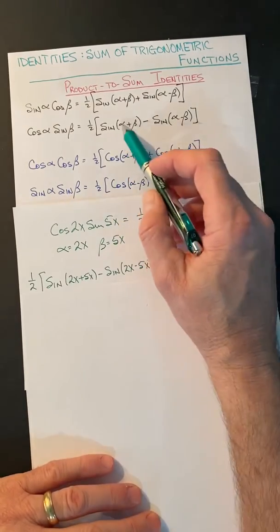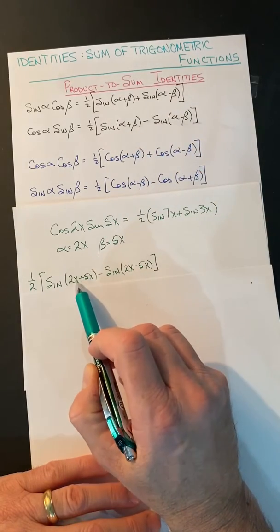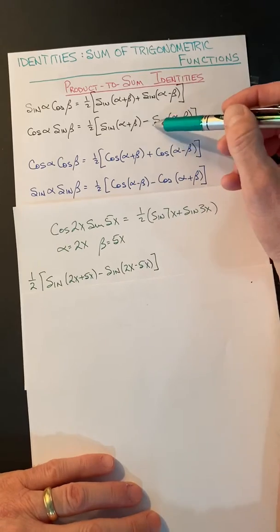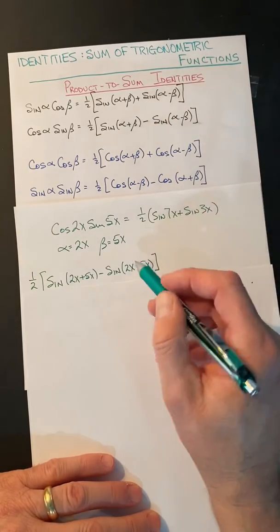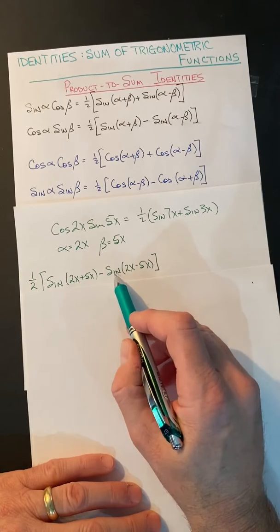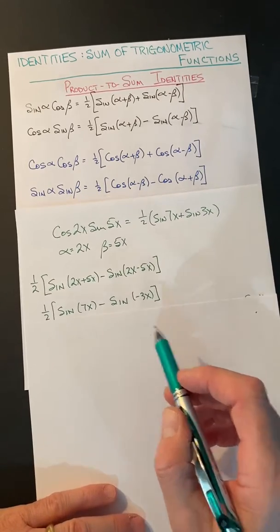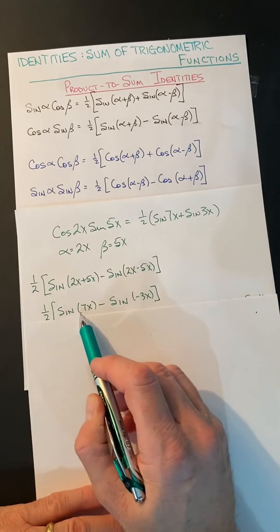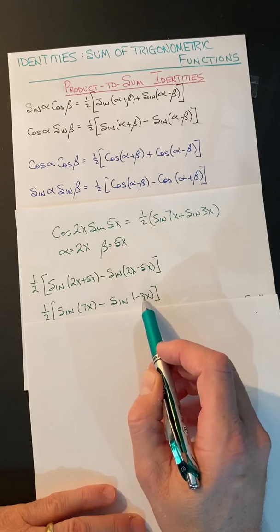So I'm going to have 1/2 of the sine of alpha plus beta, minus the sine of the difference of the two angles. And that's going to give me 1/2 of sine 7x minus the sine of negative 3x.